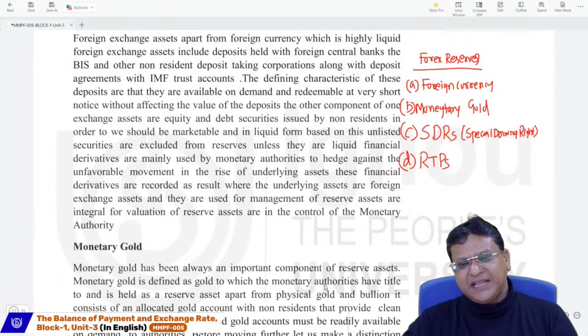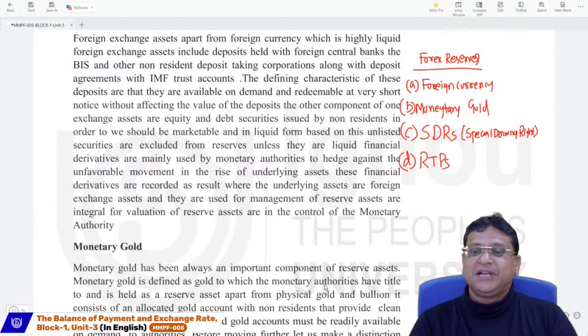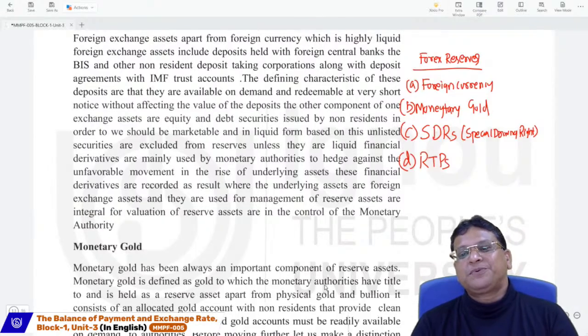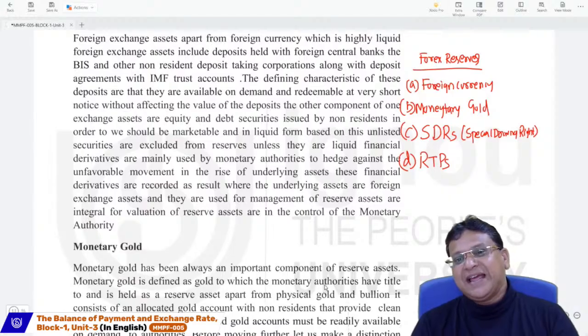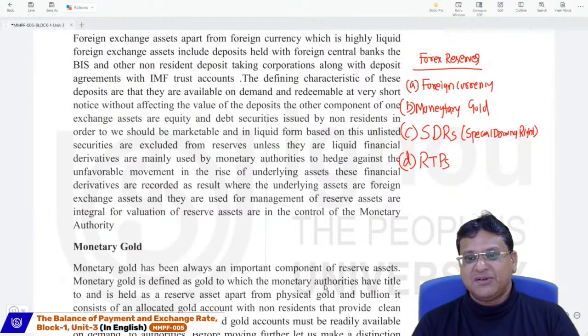The 25% is known as the reserve tranche position, and you can withdraw it at any time without any restriction. That is known as RTPs.